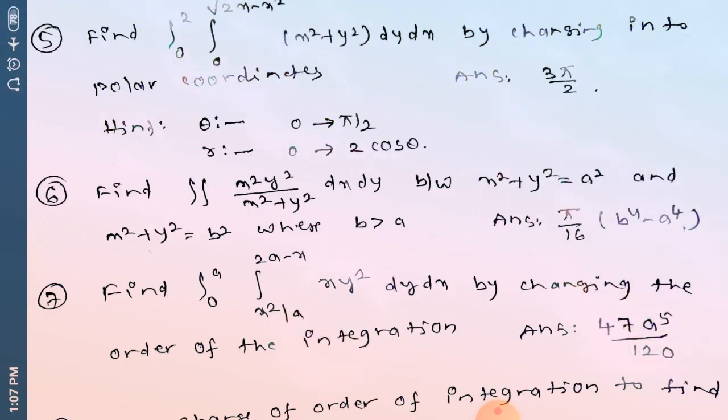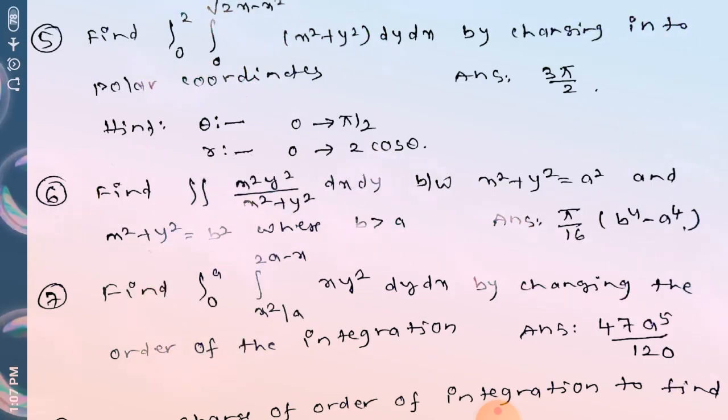To get the limits, remember the equations given are x square plus y square equal to a square and x square plus y square equal to b square. Compared with x square plus y square equal to r square, r takes the values a and b. Given that b is greater than a, the r limits are a to b.